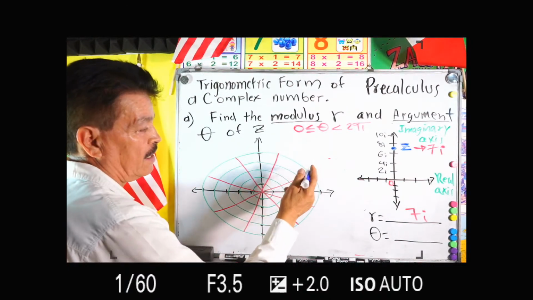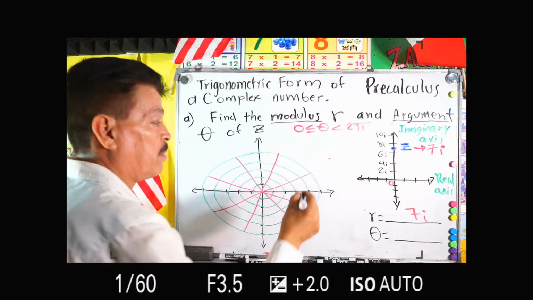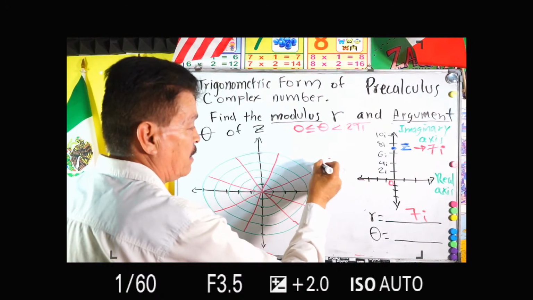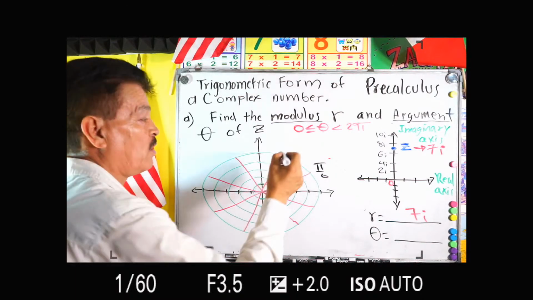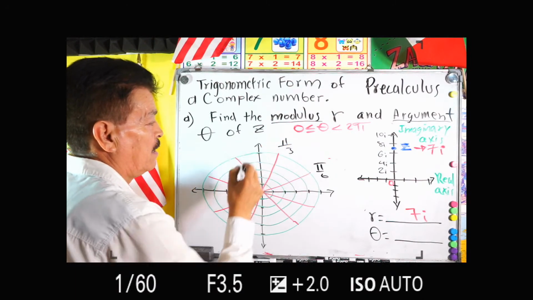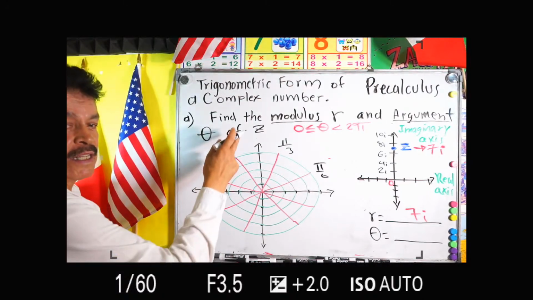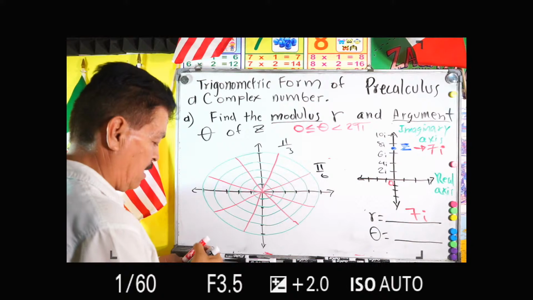So in this case, I will write the numbers here. This is pi divided by 6, and this other line is pi divided by 3. And this is pi. Here is pi divided by 2.